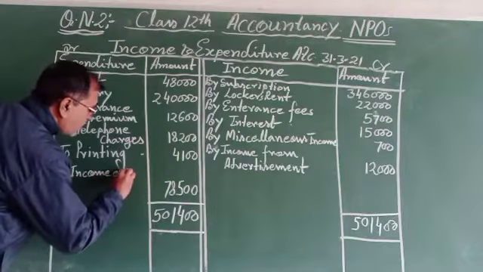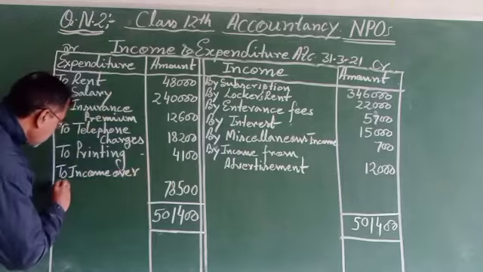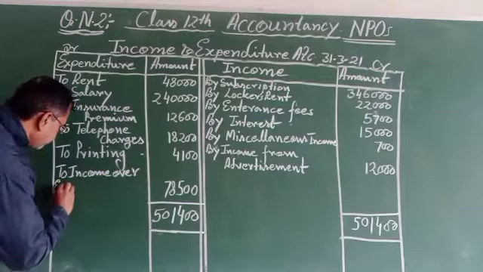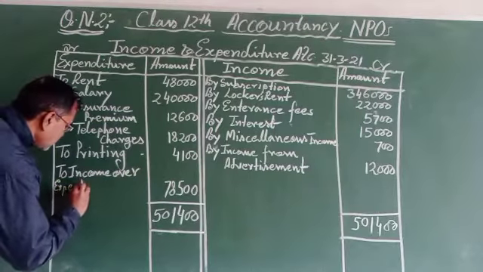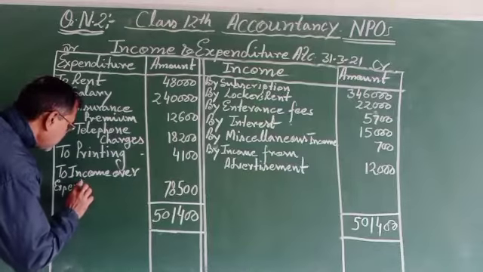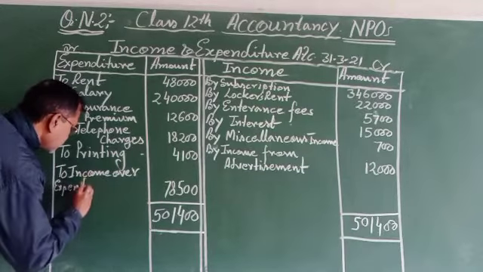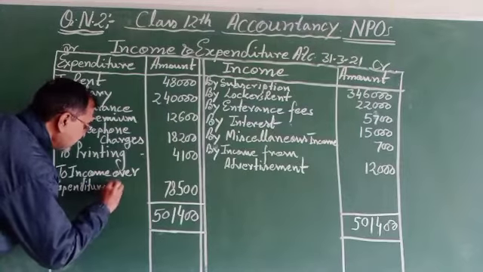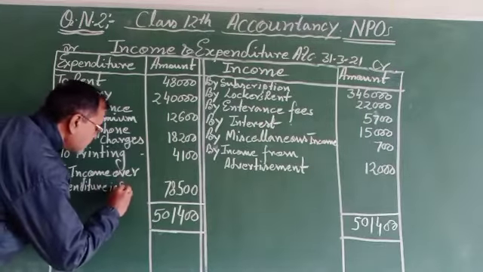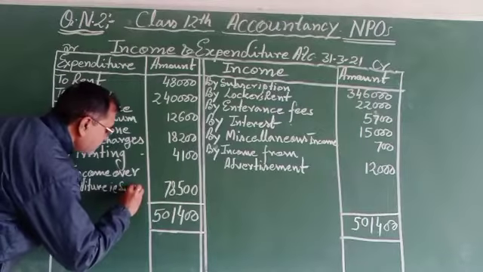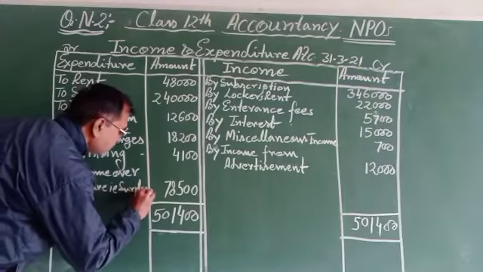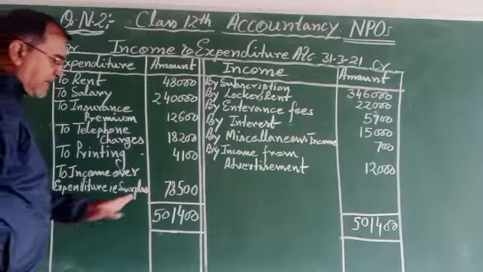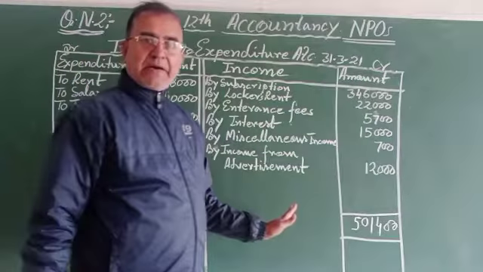Income over expenditure, that is surplus, 78,500.